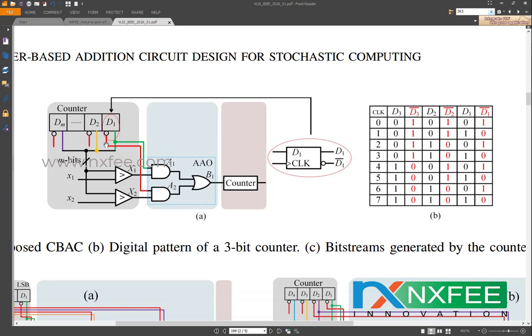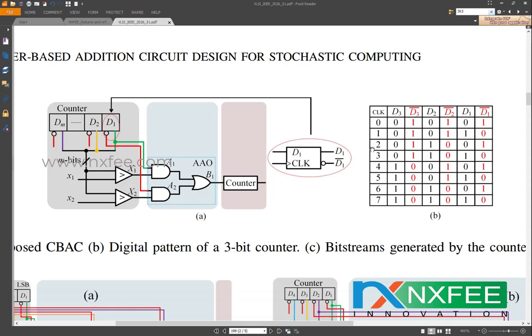At the same time, it counts the AND gate of the D1 input. A1 is supported with D1, and A2 is supported with the invert of D1. After that it ORs the values and gives the pulses to the counter. So this is an AAO unit and an OR unit, used for the proposed novel architecture.